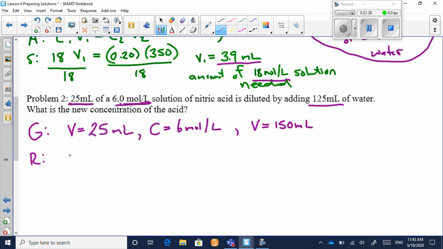So our required is a new concentration. Okay, well, let's double check. Then I've got to put 1s and 2s here. So do you agree that by adding water, I'm going to make it more dilute? Okay, so that means that that one is the 2. It's the dilute.